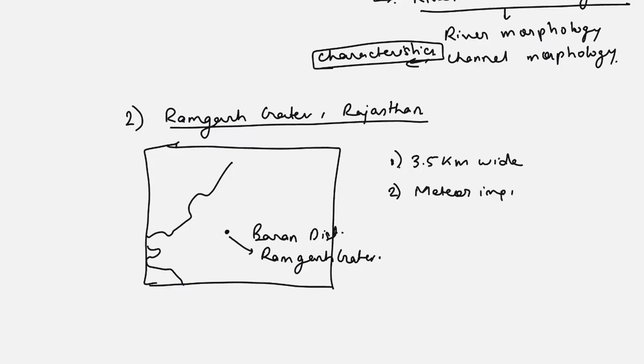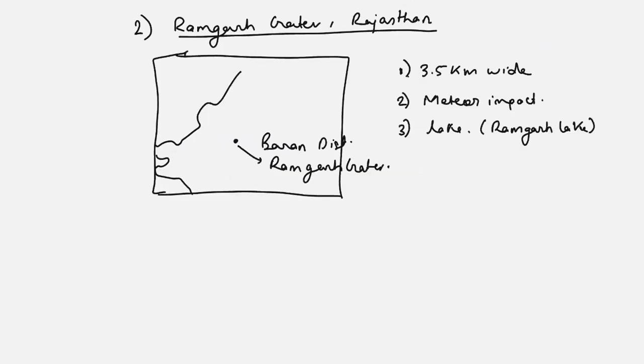Number three, we'll see that now it is a lake, also called Ramgarh Lake. When we look at the landforms which are formed because of the crater or the impact of meteors, we include certain theories here.